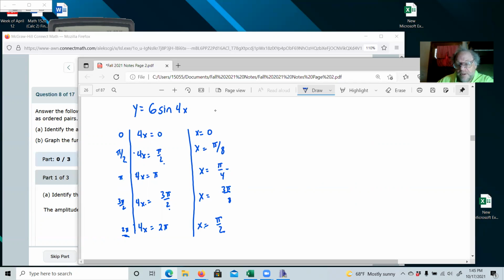So when I go to graph this, my one waveform takes place between 0 and pi over 2. We could also say that this is 4 pi over 8, and then we have 1 pi over 8, 2 pi over 8, 3 pi over 8, and 4 pi over 8. It might be easier to do that. Halfway between, we get pi over 4, which is really 2 pi over 8. Here we have pi over 8 from right here, 3 pi over 8.